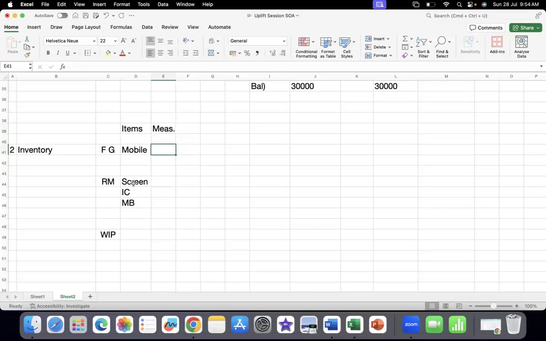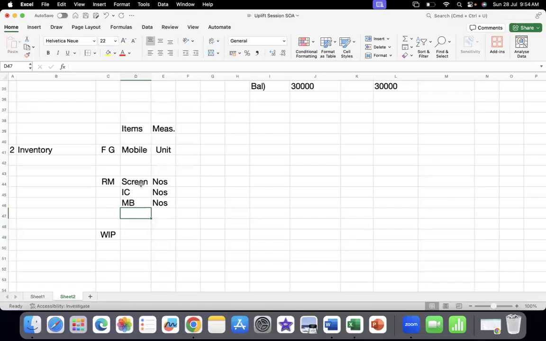So the measurement of your finished product would always be in number of units, but your raw material would be in numbers or, if it is using some other parameter like kgs, liters, millimeters, or centimeters, it would always have that.